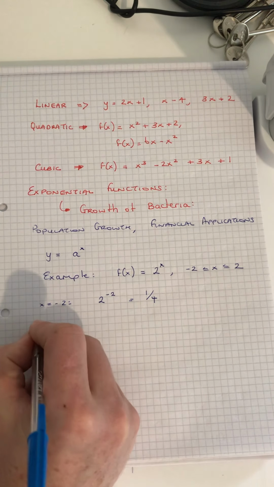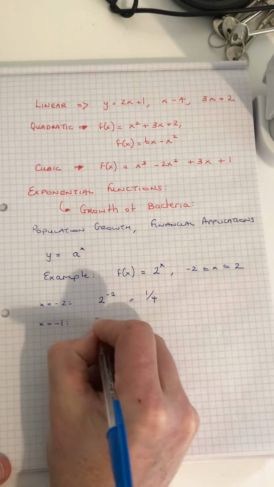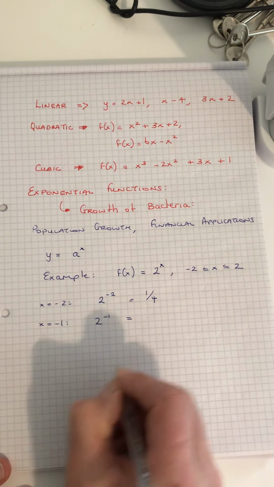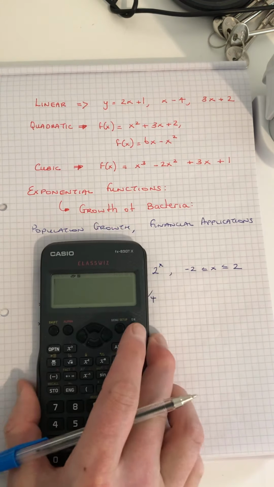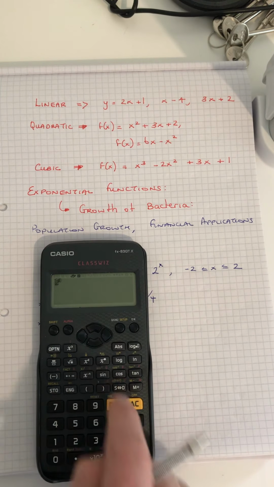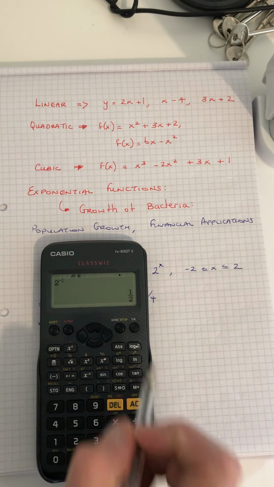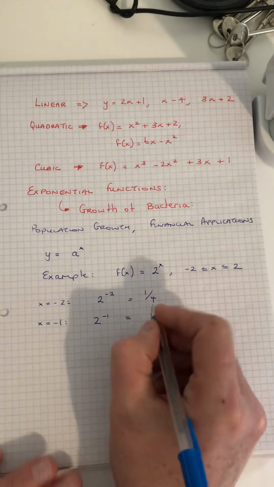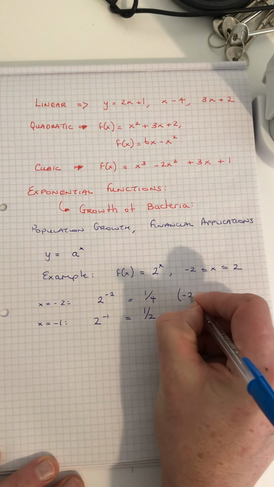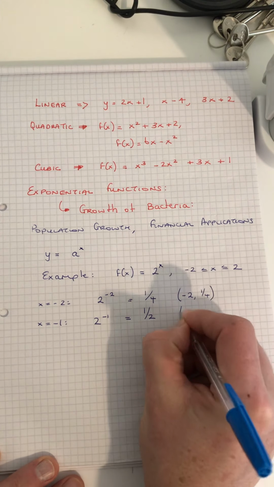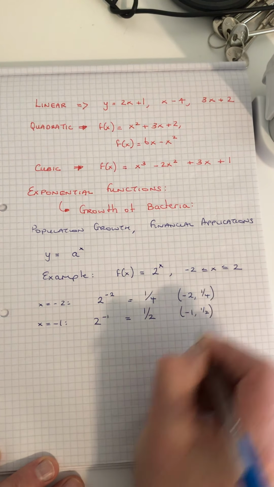Okay, when x is minus 1, type in on your calculator 2 to the power of minus 1, and it gives you a half. So the first one would be minus 2, 1/4, minus 1, 1/2.